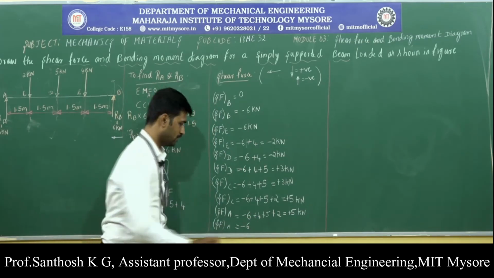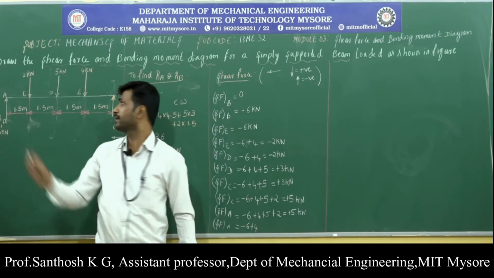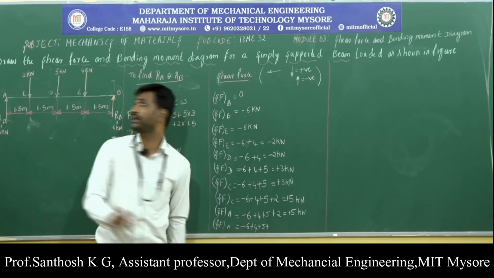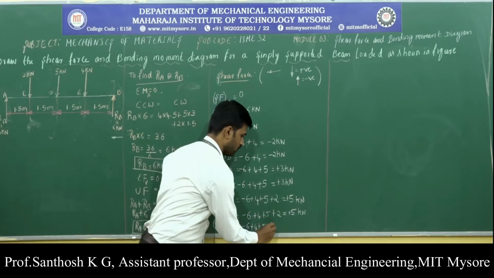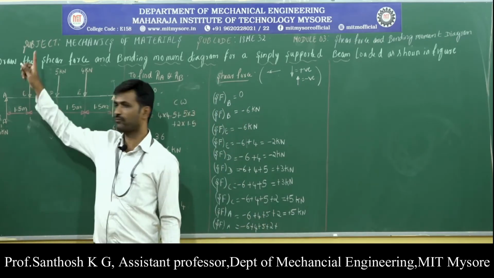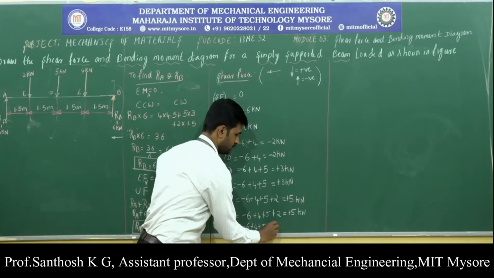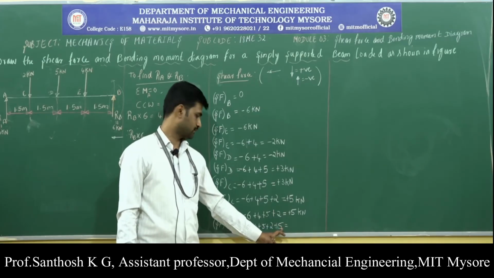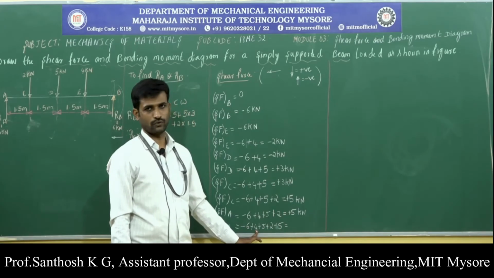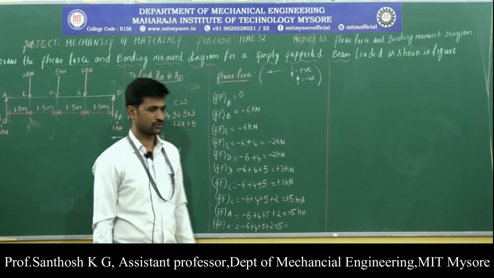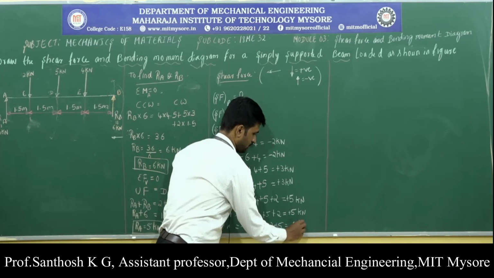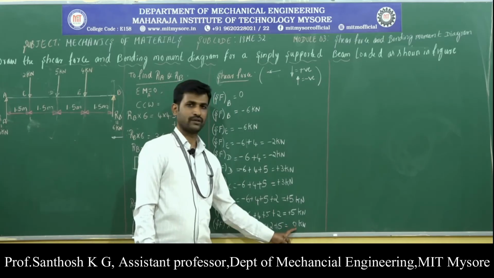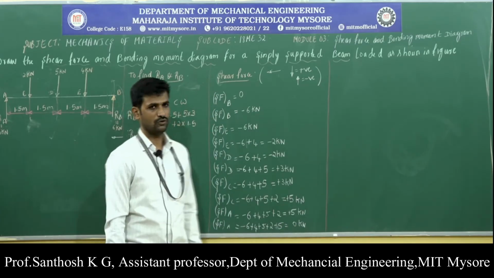Then we get a downward 4 kilonewton force, then a downward 5 kilonewton force, then a downward 2 kilonewton force, then an upward 5 kilonewton force, which is minus 5. When I add this, plus 5 minus 5 cancels out. Minus 6 plus 4 is minus 2, minus 2 plus 2 is 0. So in total the shear force acting at point A will be equal to 0 kilonewton.